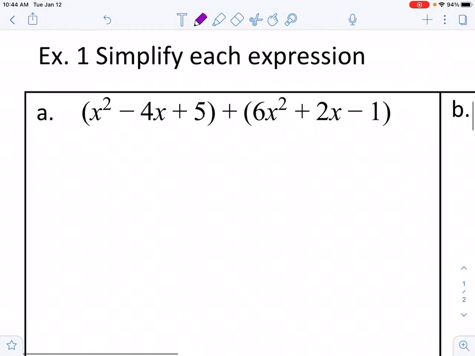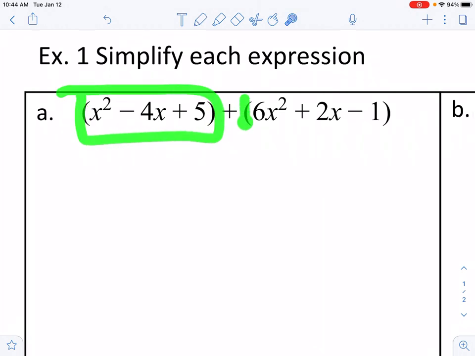So I have a group here plus a group here. And when we're adding, there's not really going to be any change. We're able to rewrite each group without parentheses. When we move to subtracting, you're going to see some differences there. That'll be in the upcoming classes. So today we're just going to work on adding like terms.